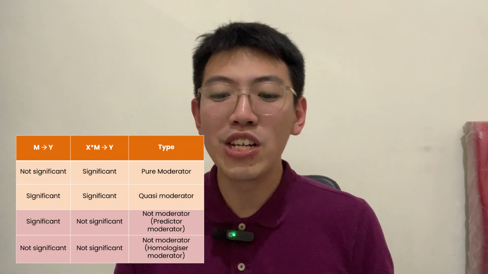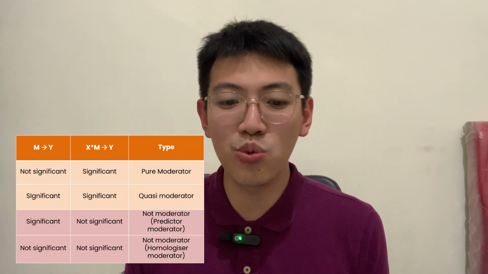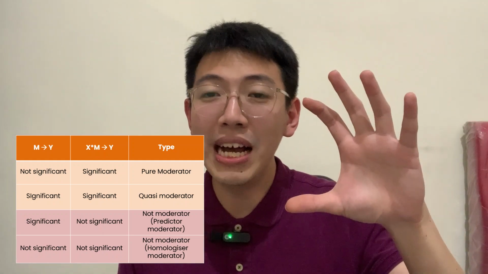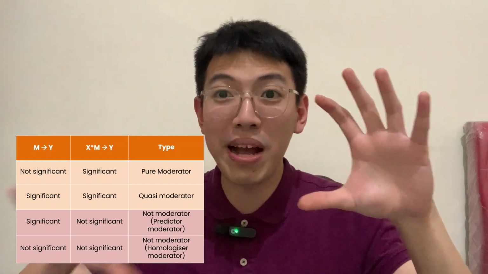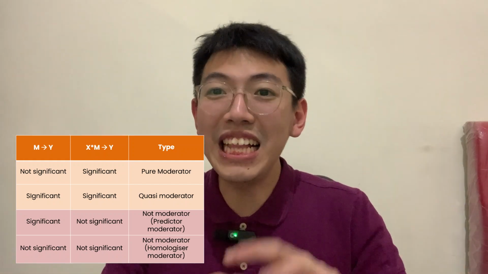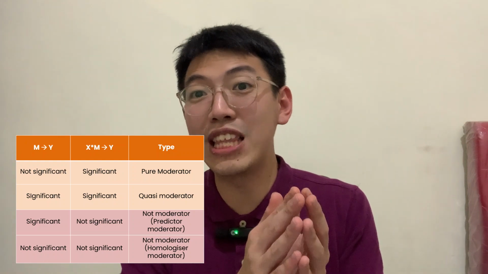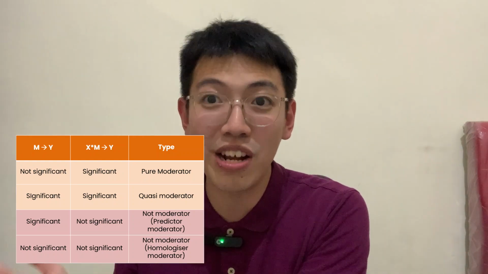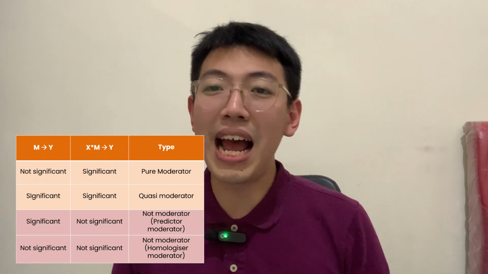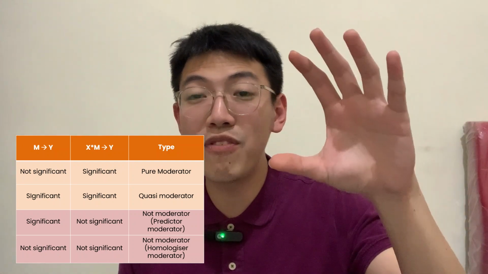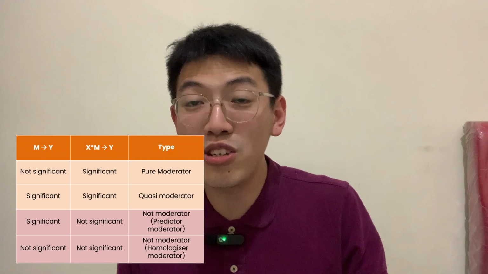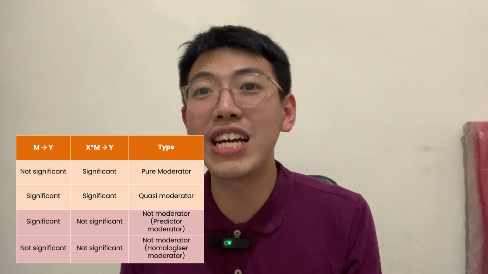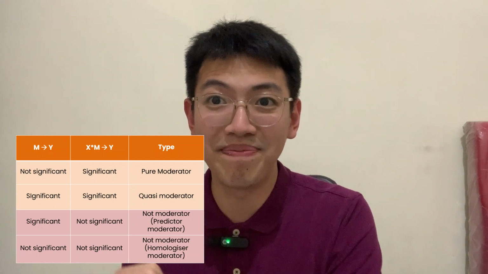So, pure moderator happens when the moderating variable is not significant to dependent variable, while the interaction variable, the interaction term, is significant to the dependent variable. Quasi-moderator happens when both moderating variable and also the interaction term are significant on the dependent variable.